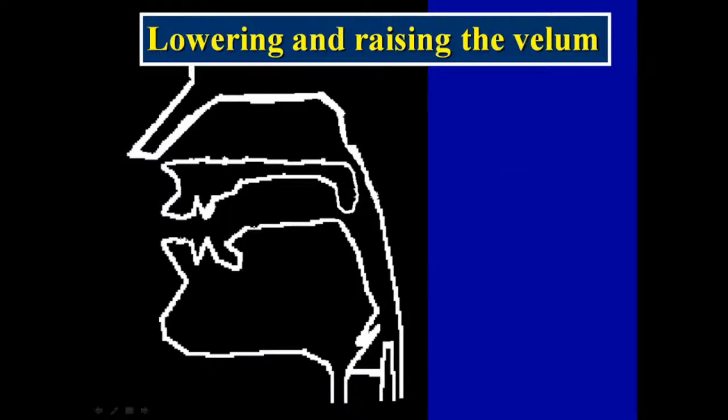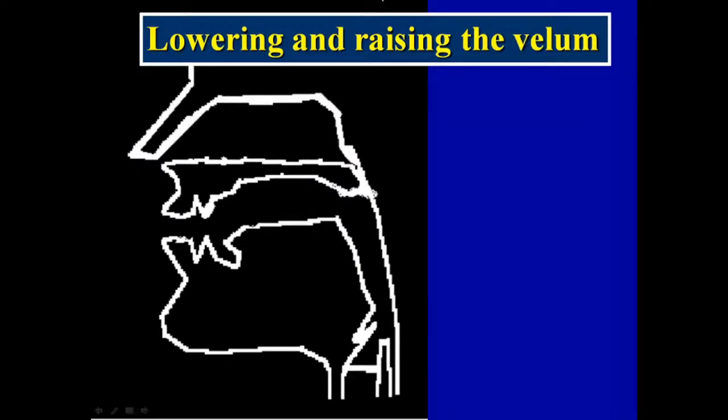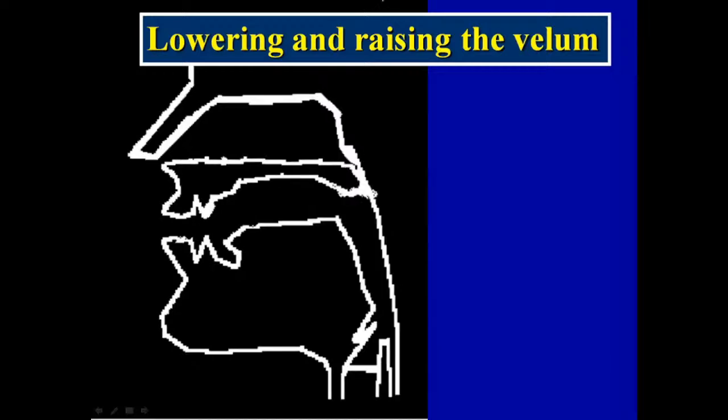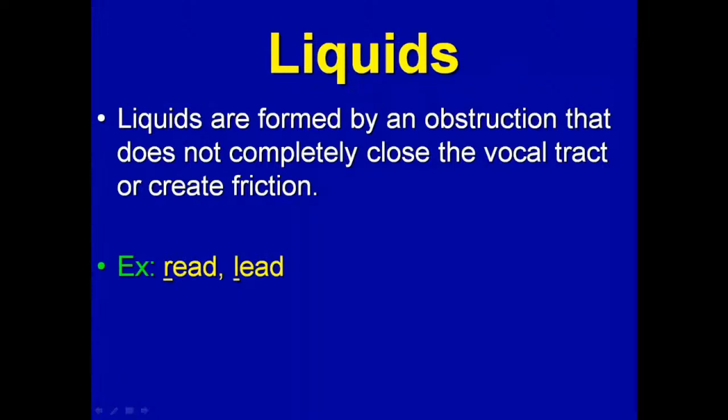Now let's talk about lowering and raising the velum together with the uvula, of course, that follows it. Here, it can be raised or lowered. When it is raised, the only passage which is left free for the air is the mouth, the oral cavity. But when it is lowered, the air can escape through both cavities, the oral cavity and the nasal cavity. Liquids.